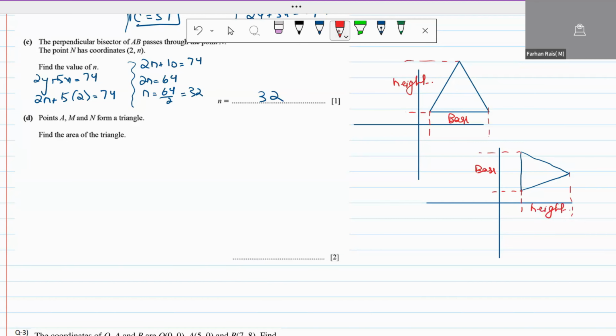So for the first case, when the line is parallel to the x-axis, you can see the y coordinate is constant because it's a horizontal line. And when the line is parallel to the y-axis, that means it's a vertical line. For a vertical line, it's the x coordinate which is constant.